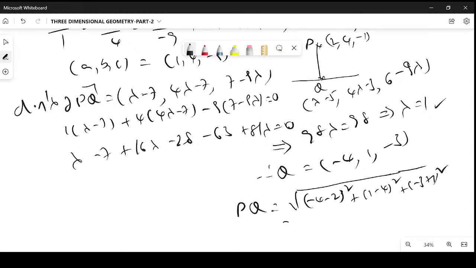Distance between 2 points formula. This is 36, this you get 9, 36 plus 9 plus 4, 49 means 7 it comes, right? Your answer is 7 units. That will be your answer.